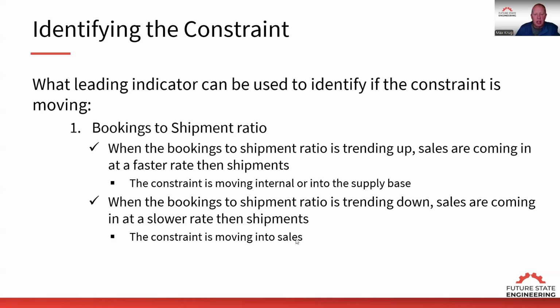So then the constraint is moving into sales. So this is an early indicator when your constraint's going to shift. That bookings to shipment ratio is a key metric that we want to be monitoring at all times to determine when the constraint's about to shift, because the actions to take to improve an internal constraint are totally different than the actions to improve an external constraint.